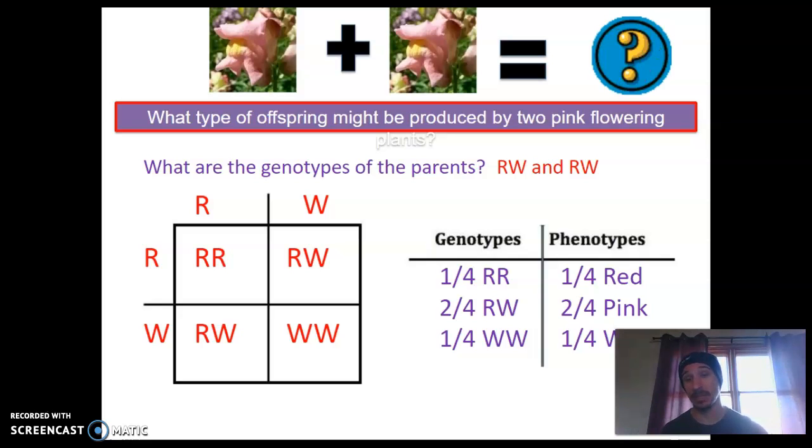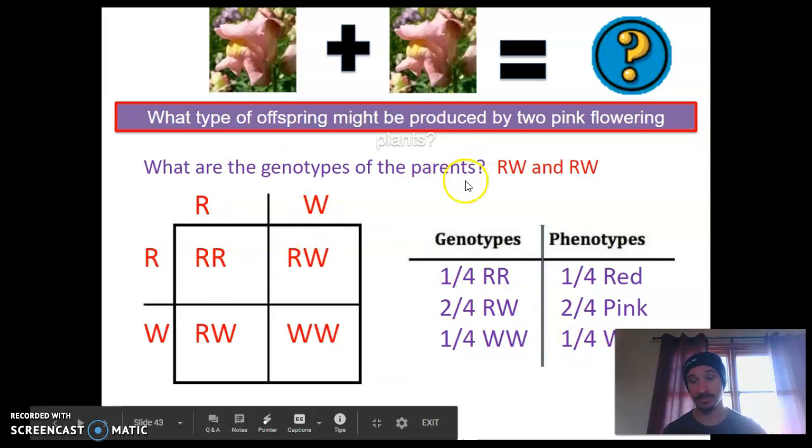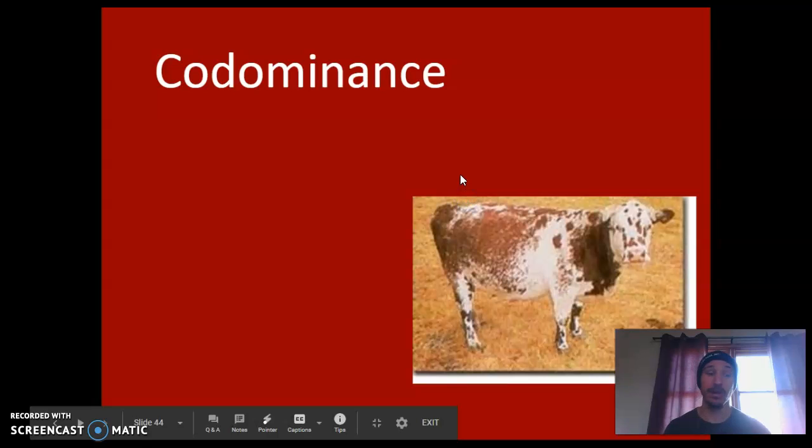It can work in an incomplete dominant form. And a telltale sign is when the offspring are a blended mix of the parents, right? You don't see either trait from the parent specifically expressed, but rather you see a blending. And that's what tells us it's incomplete dominance. I'll talk to you guys about codominance in the next one.